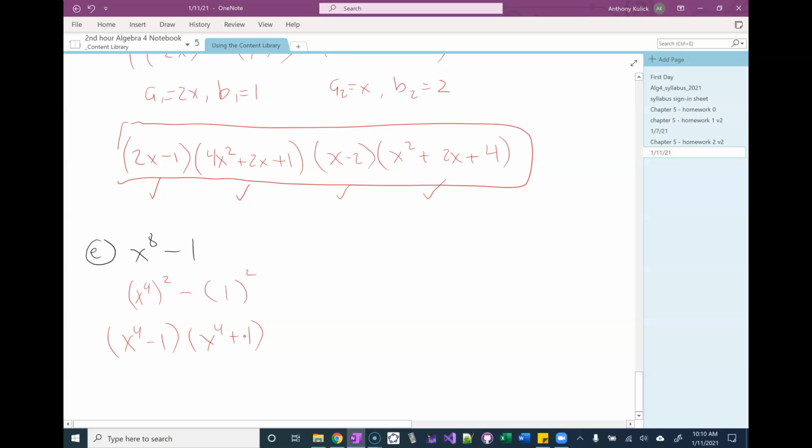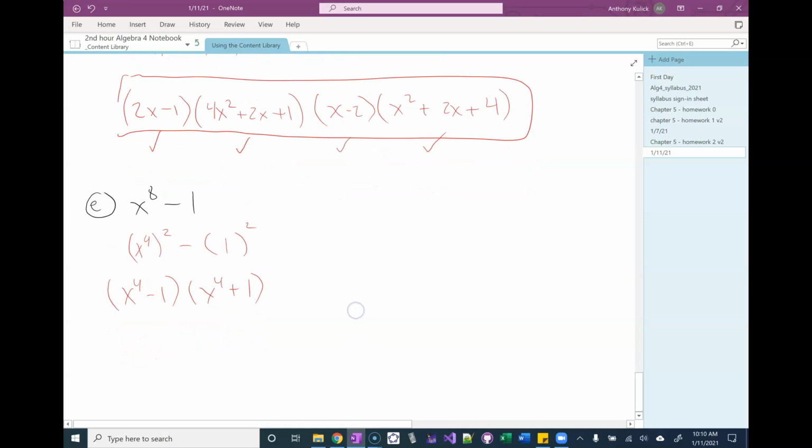So far, so good. Okay, what do I do after this? Okay. Good, so I have to check each of these factors. So x to the 4th minus 1 has two terms, right?